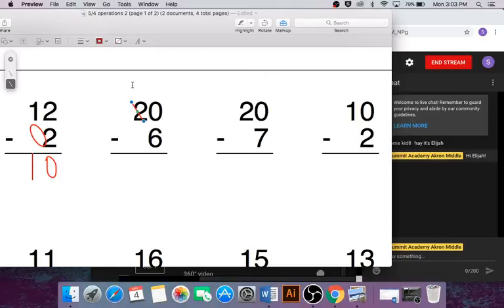So our 2 becomes a 1, and our 0 becomes a 10. Then we have 10 minus 6. 10 minus 6 is 4. And again, there's no number here, so this would look like a 0. So we would have 1 minus 0, which is 1. So our answer is 14.